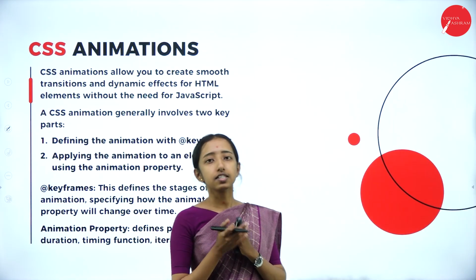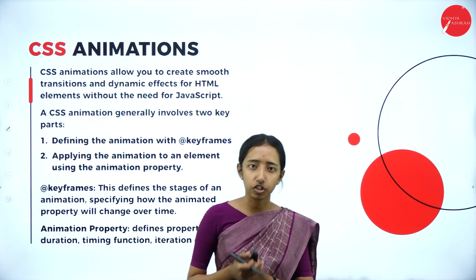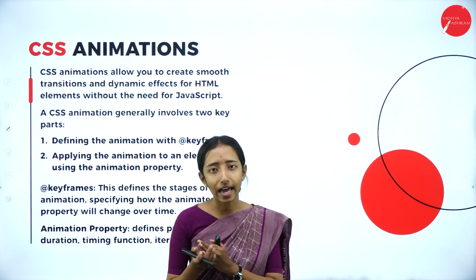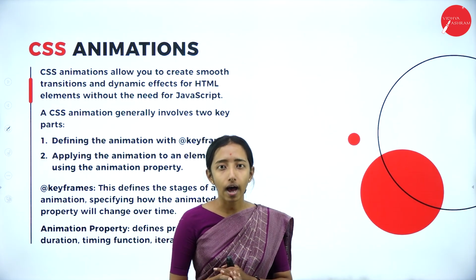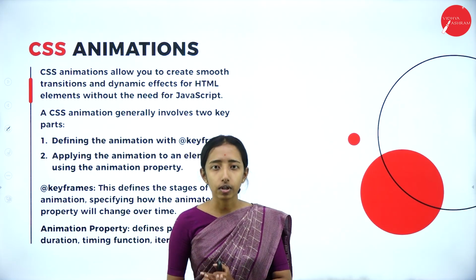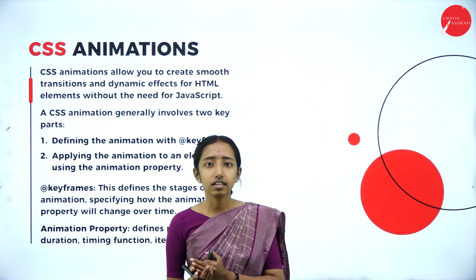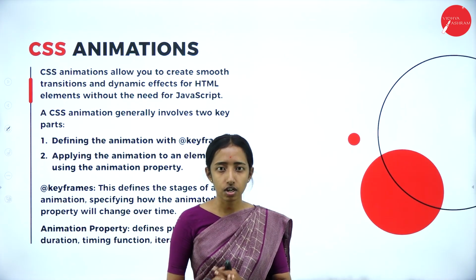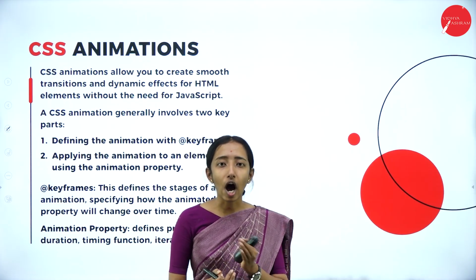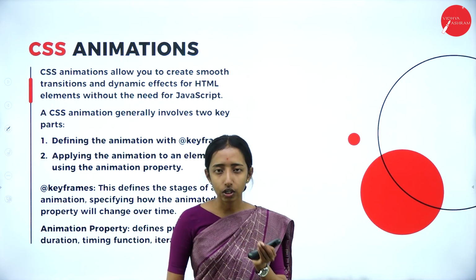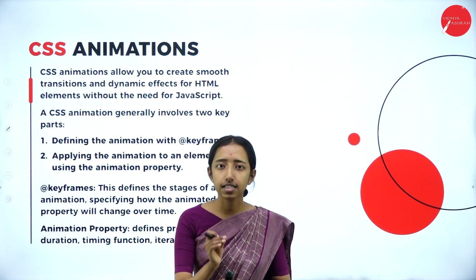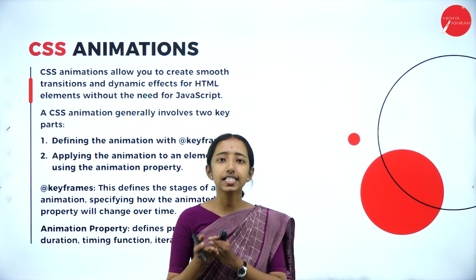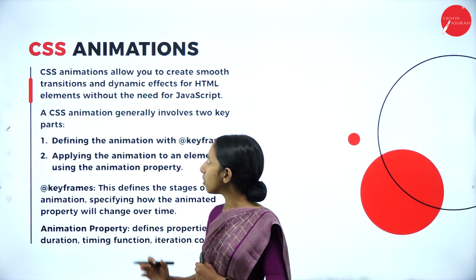In our previous sessions, we have learned about the introduction of animation, how we can perform animation, what interpolation is, and what ease in and ease out are. Those are the things we learned in our previous session. Today we will be learning how we can do animation using CSS, the Cascading Style Sheets.